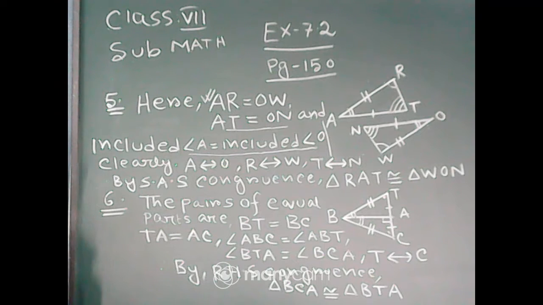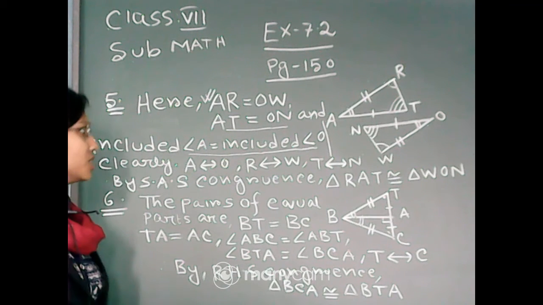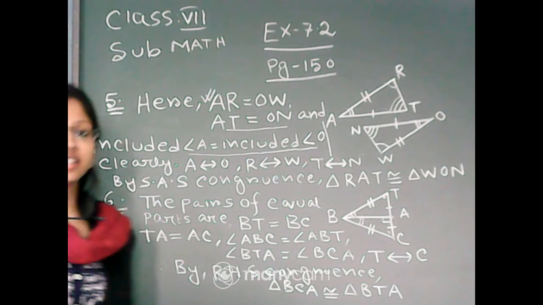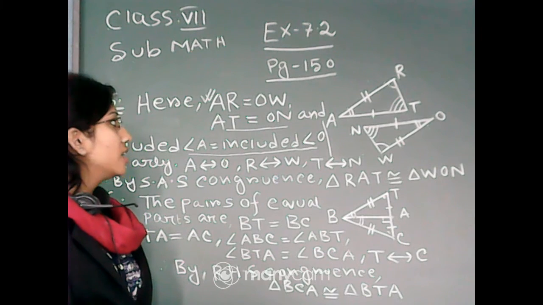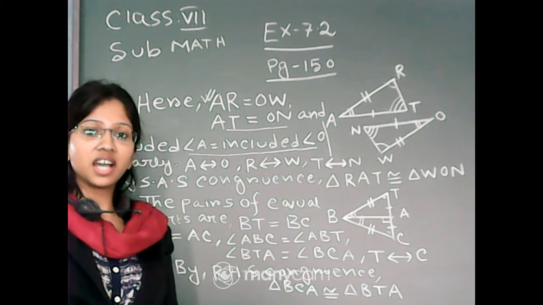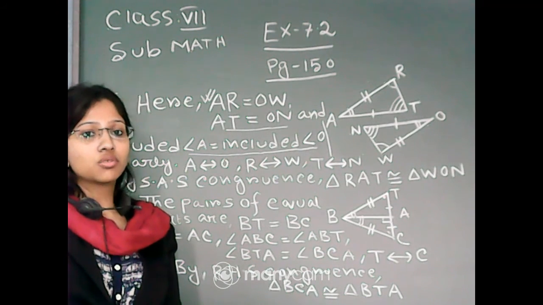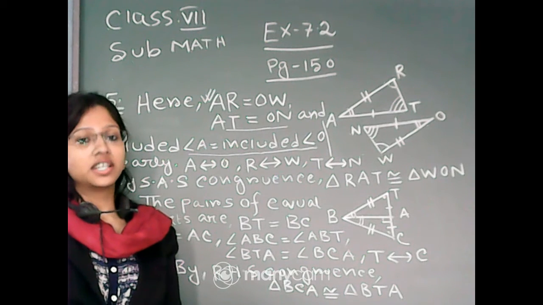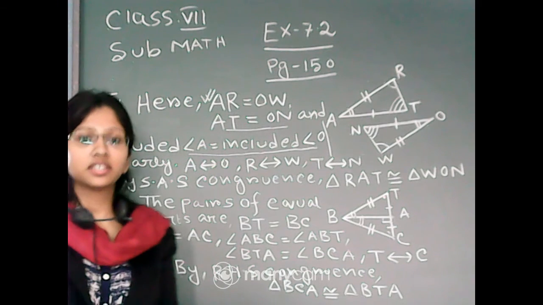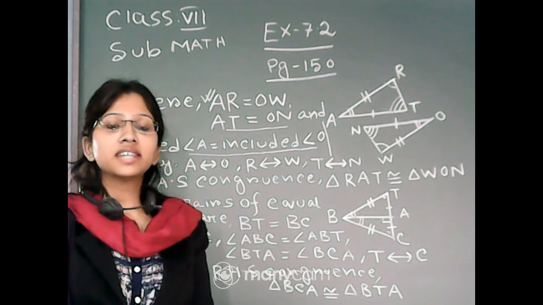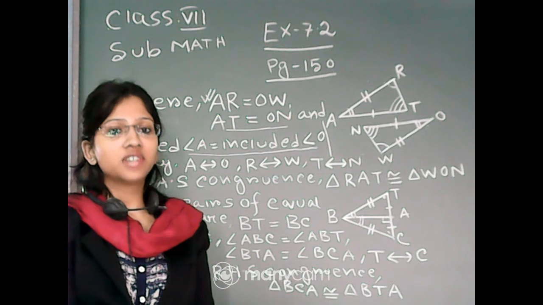Then we know that the triangles are congruent, and this is the side angle side congruence criterion.